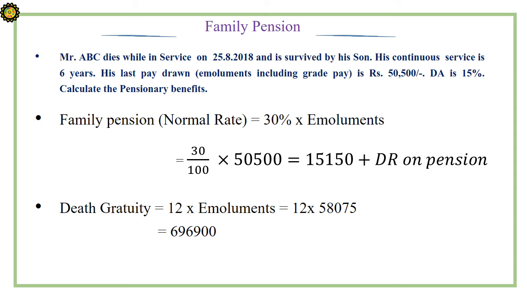So it comes out to be 15,150 plus dearness relief on pension. Death gratuity is 12 times emoluments, that is 12 into 58,075. So it comes out to be 6,96,900.